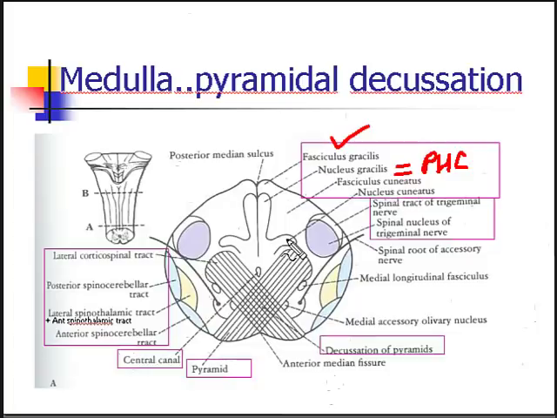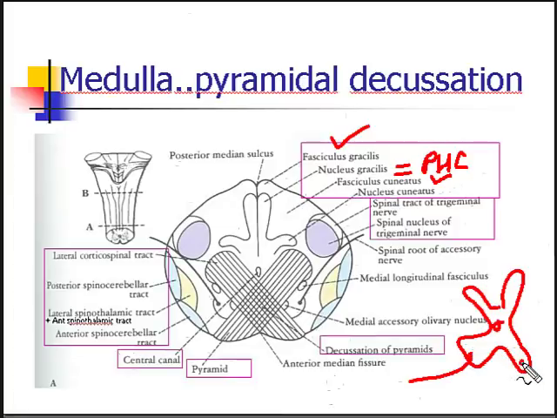Now again, let's look at this and move further anteriorly. When we move further anteriorly, we see the ventral or anterior horn cells. Now that has been broken up, and these anterior horn cells, what did they give rise to? They gave rise to the motor fibers of the spinal nerves. But now this is the brainstem, so at the level of the brainstem, it will be the motor fibers of the cranial nerves which will come out.